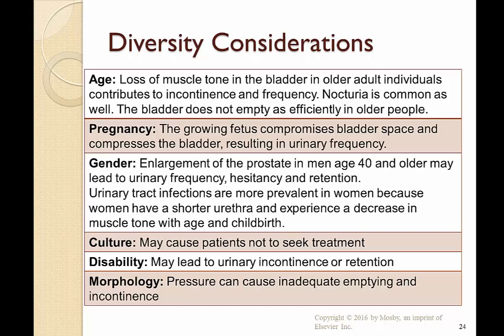We also need to know that childbirth can weaken the pelvic floor, and this can lead to stress incontinence. Pregnancy: we know that there's an increased circulatory workload during pregnancy, and this can increase the workload on the kidneys and cause an increased urinary output. And we know that there's a hormone released during pregnancy that causes relaxation of the bladder sphincter.